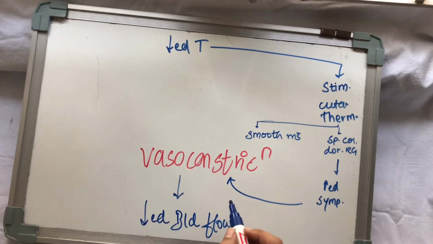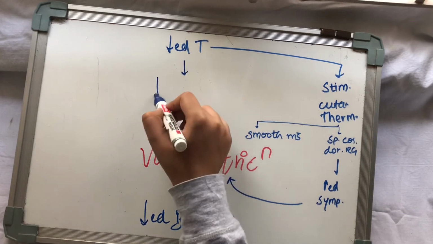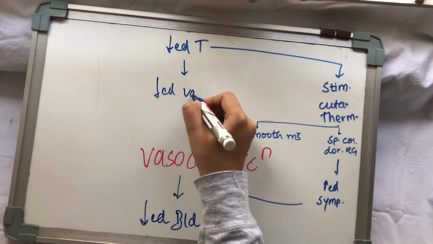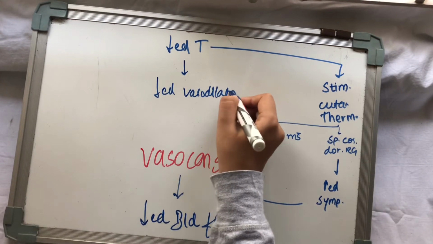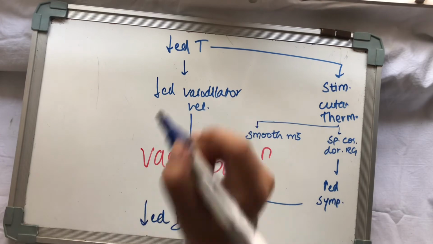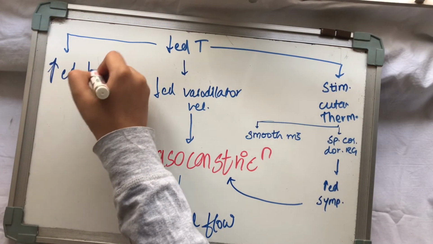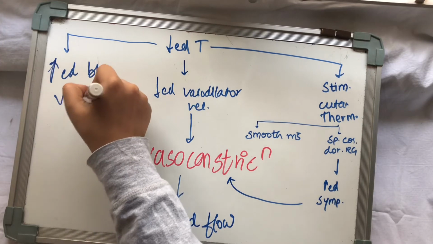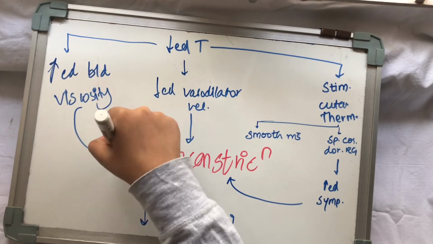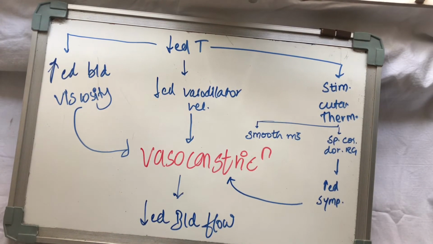All this vasoconstriction further decreases blood flow. Also, due to decreased temperature, there is a decrease in vasodilator release, which in turn causes vasoconstriction. And there is an increase in blood viscosity, which also causes vasoconstriction. So this flow chart must be noted, remembered and understood well to see the effect of cryotherapy.